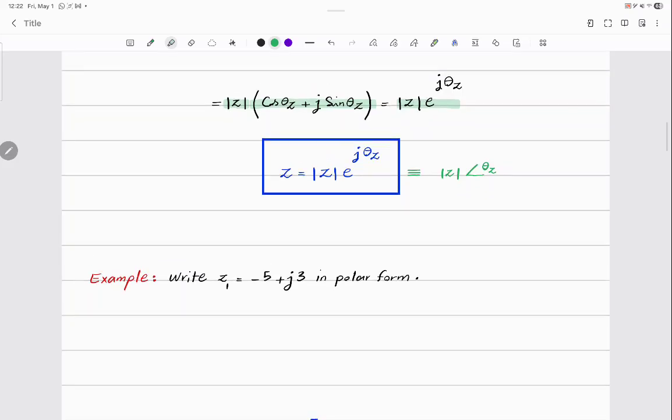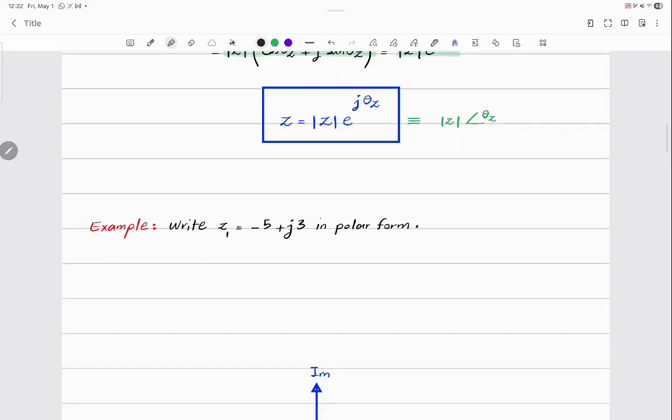Okay, let's write this number, -5 plus j3, in polar form. What should I do?